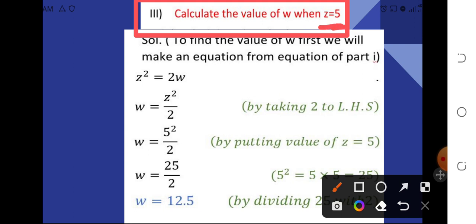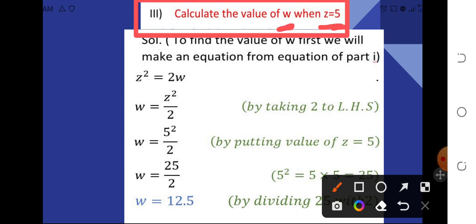They have given us the value of Z, which is 5. To find the solution of this part, first we have to make an equation for W, because we have to find the value of W.